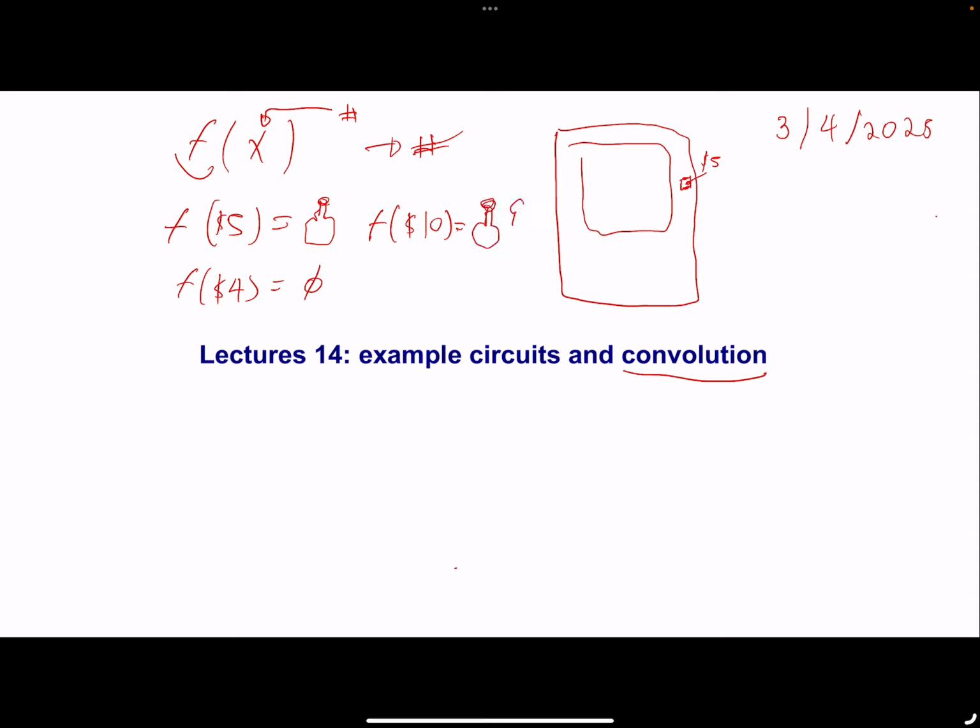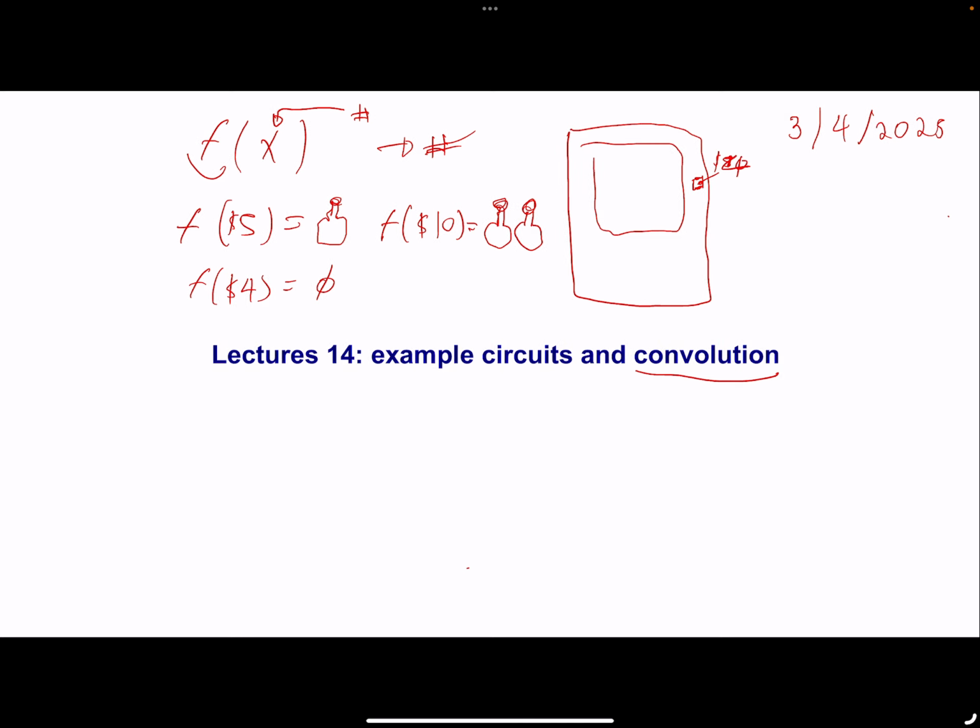So there's no discount for buying in bulk. Okay, so that's basically how you should think of a function. You put $5, you get a soda out. If I put $10, I get 2 sodas out. If I put in $4, it doesn't give me anything. And for every dollar amount, there's something different I'm gonna get. It just so happens that if I put $20, it gives me a little chocolate bar.